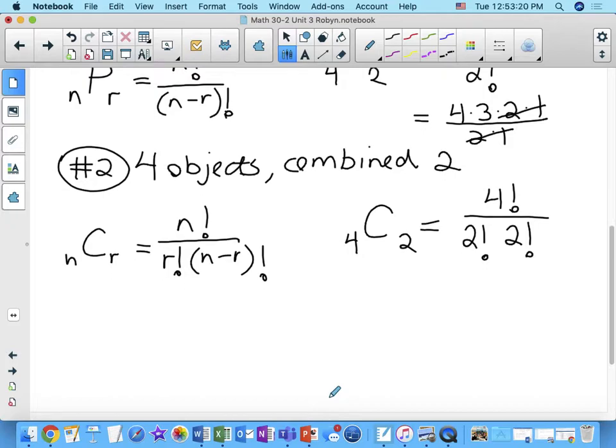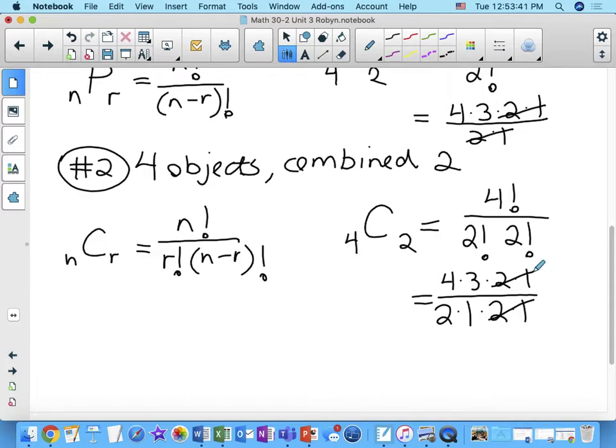So if we expand that out a little bit, we're going to get 4 times 3 times 2 times 1 over 2 times 1 times 2 times 1. Now, the 2 times 1, just like in the permutation, still cancels out.